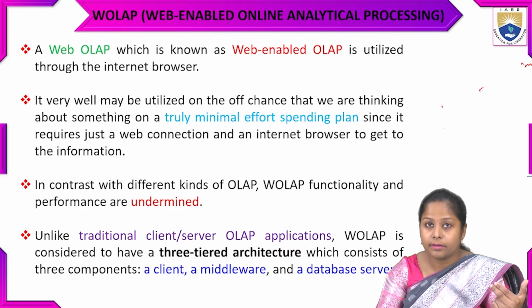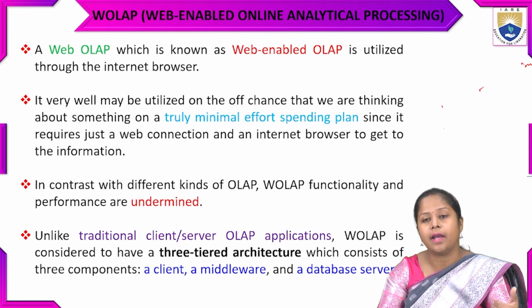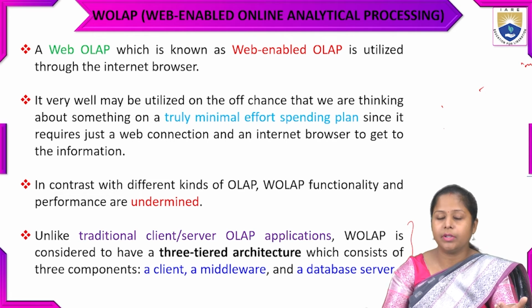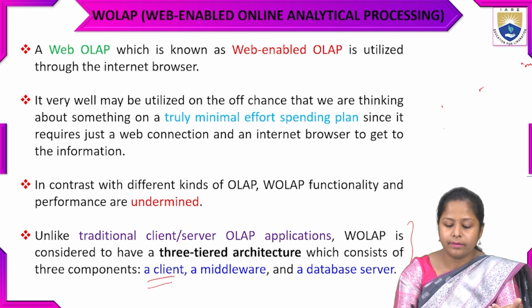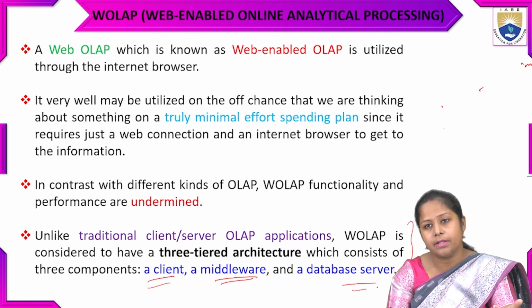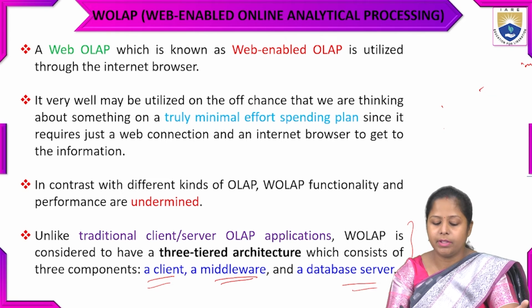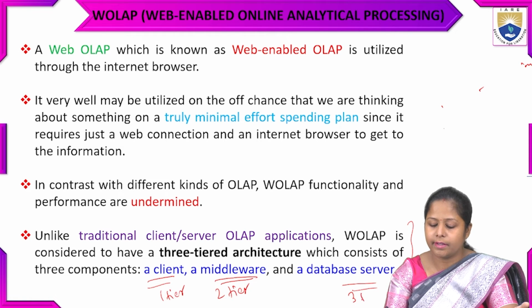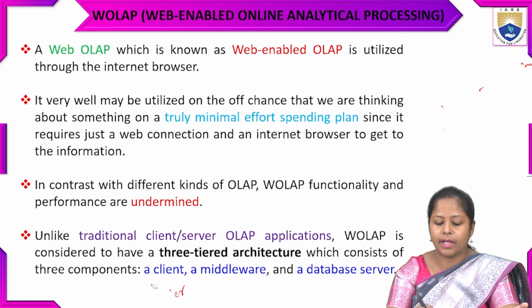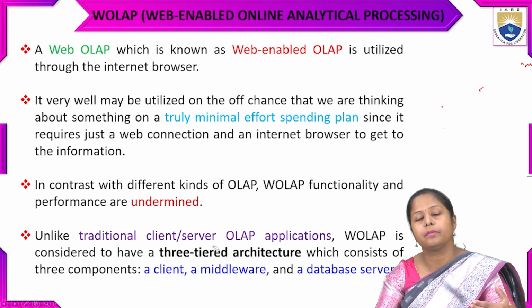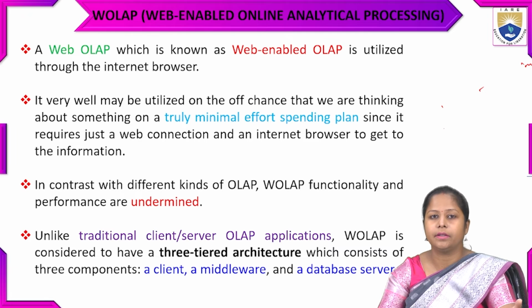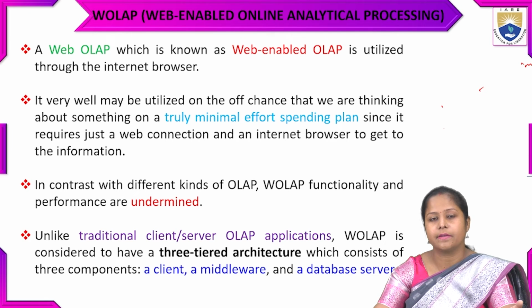So the WOLAP also has the three tier architecture, in which there will be three parts: the client part, the middleware part, and the database server part. First tier is the client, second tier is the middleware, the middle part, and third tier is the database server. So that is the basic construction of the WOLAP applications server.